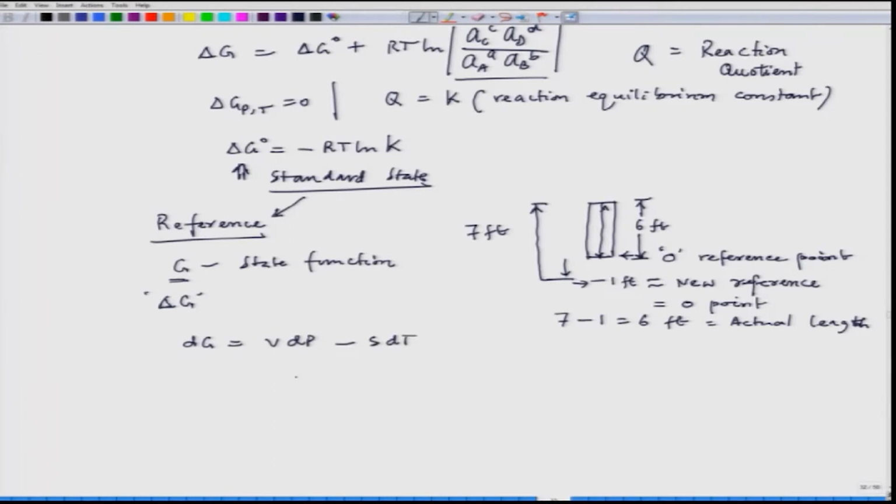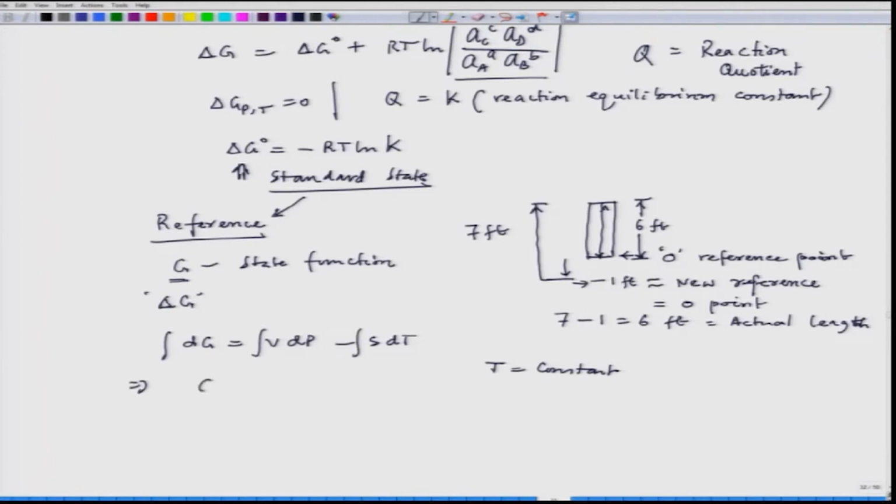This is a very popular relation in thermodynamics, and there if I do this particular treatment at a constant temperature, if T equal to constant, then I do integration.